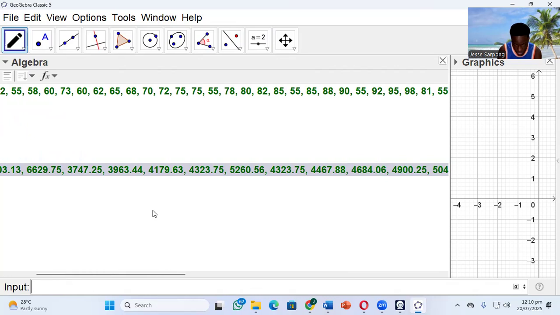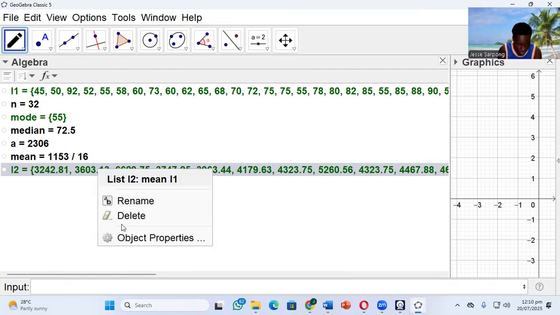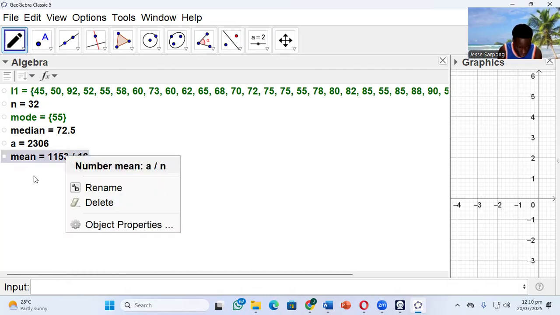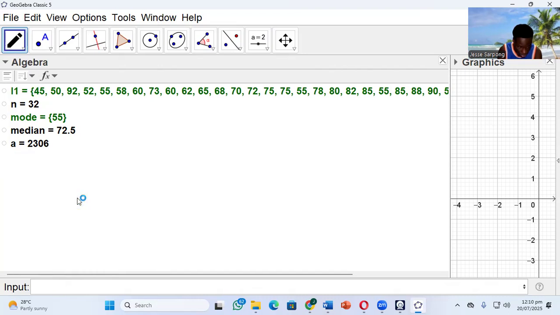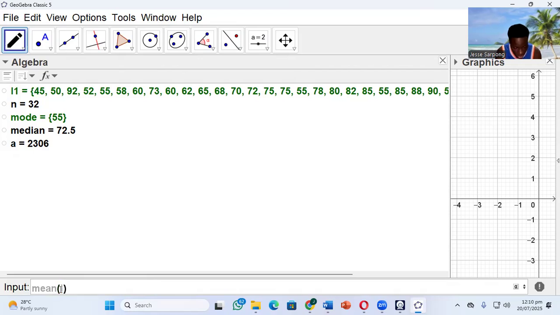So you can also find our mean by just typing mean of the list of raw data, L1.